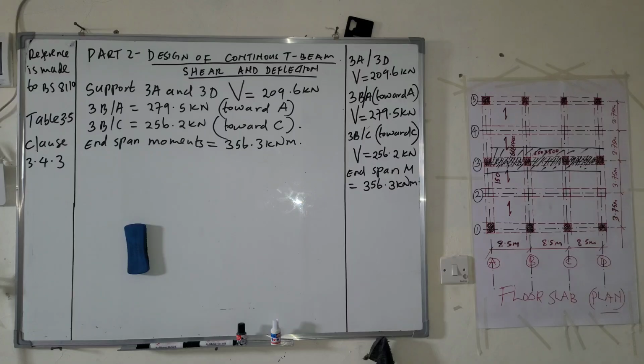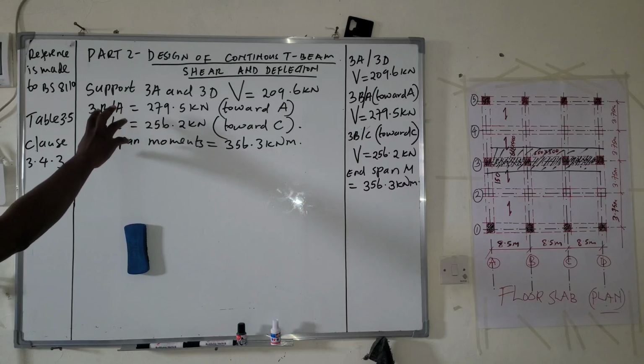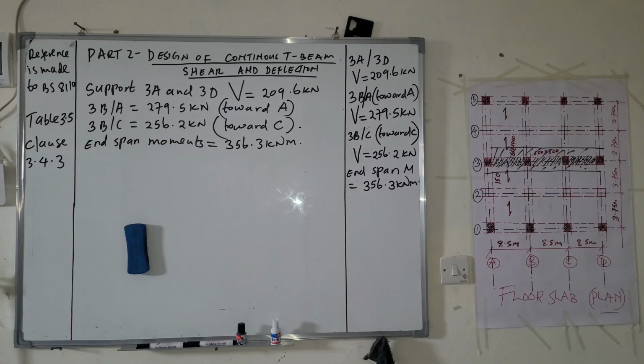If the question meets these conditions, then you can use table 3.5 of BS 8110 to obtain the shear force and design moment for such a continuous T-beam. But if it doesn't meet these conditions, it means you will first analyze the continuous beam using one of the advanced methods of continuous beam analysis.